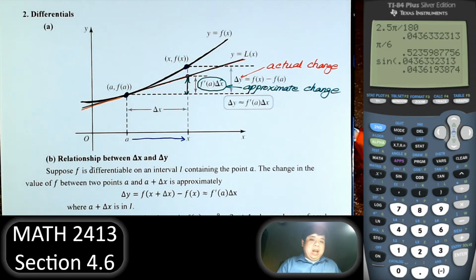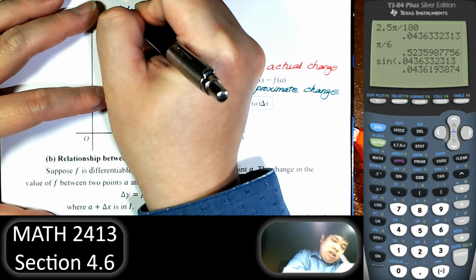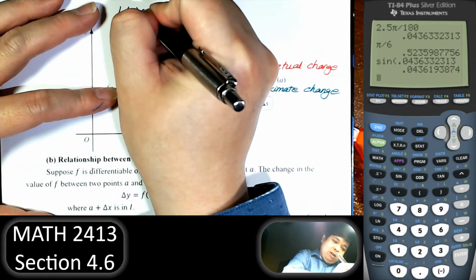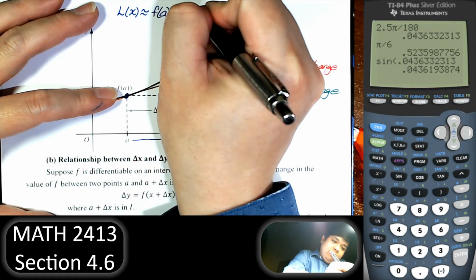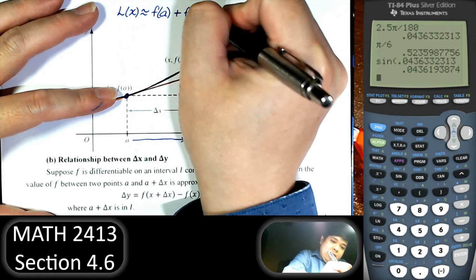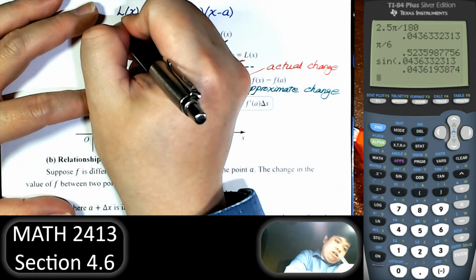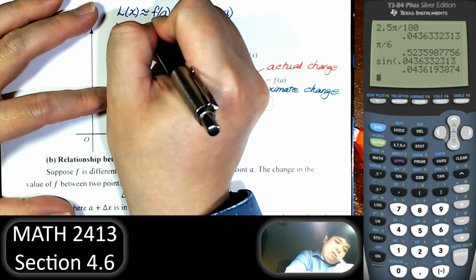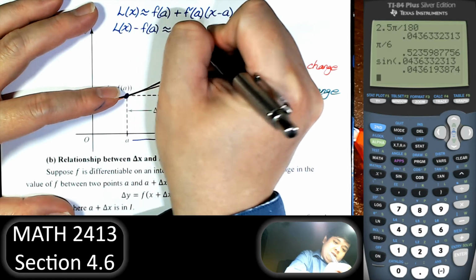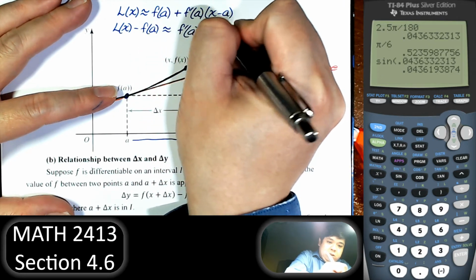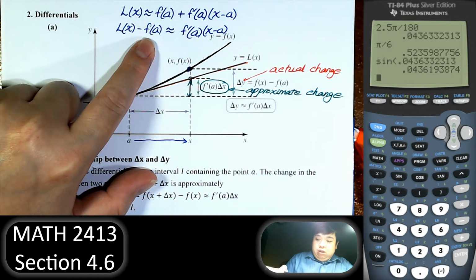Like I said, we just play with the notation. So approximate values of the function, if we use the line, is equal to f of a plus derivative times x minus a. All I need to do is subtract f of a to the other side. Right. Now this is the approximate values using the line to get the values of the function.